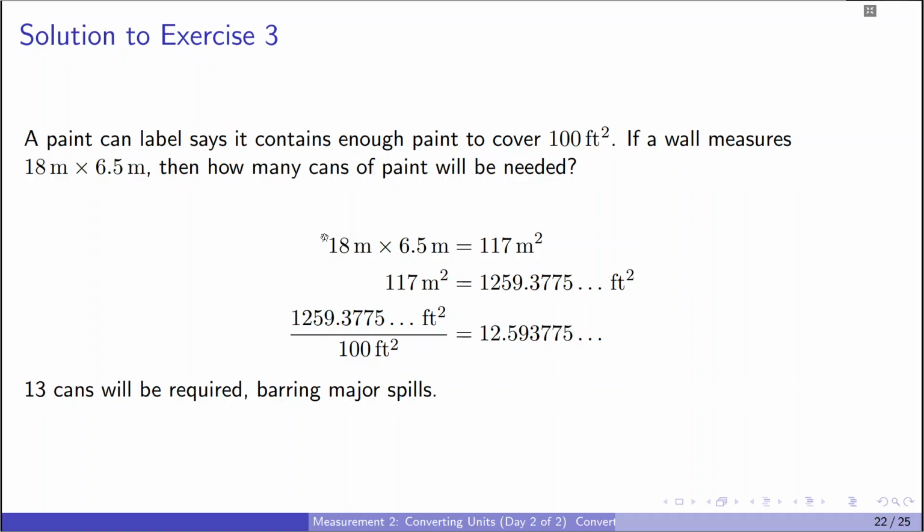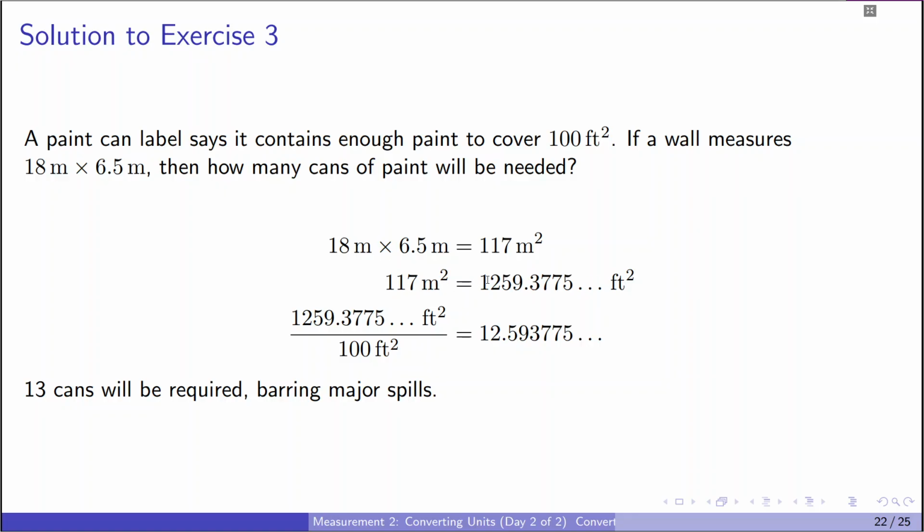All right, so we multiply our 2 numbers together to get 117 square meters. Converting the square meters to feet, we multiply by the centimeters per meter, 100 centimeters per meter, we square it. Then 1 inch over 2.54 centimeters, square that.